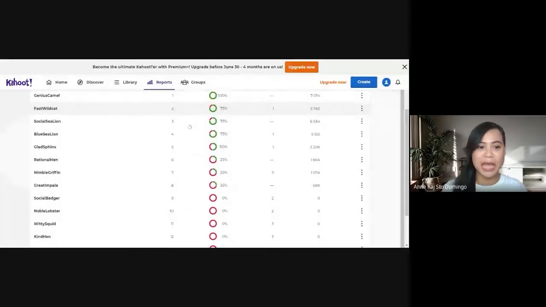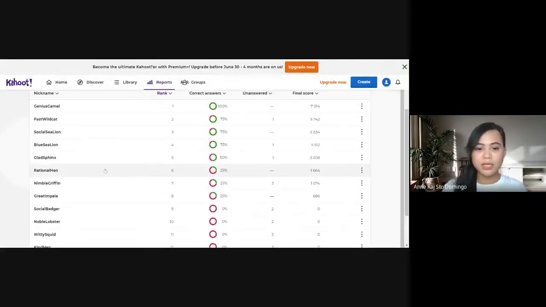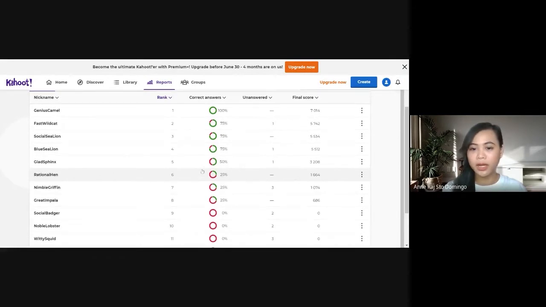So, ayan, madami ng student na nakatapos. So, we have, wow, very good, Genius Camel. Ayan, oy, I will share pala the tab. I click the ano kanina eh. Ayan, meron na tayong naka-perfect, si Genius Camel. Merong isang na-correct, si Rational Hen.